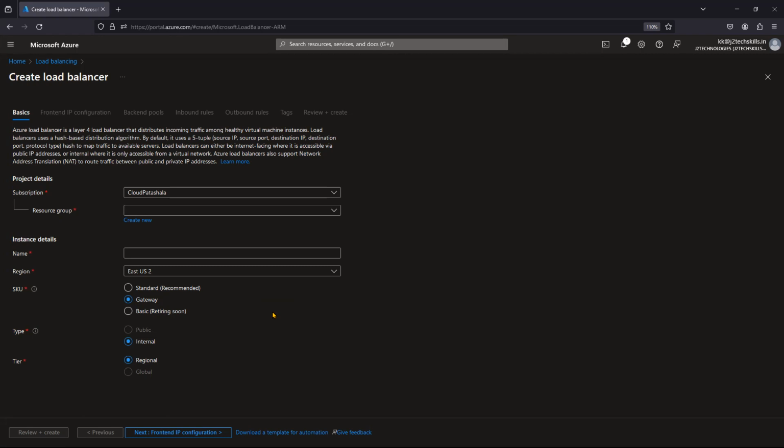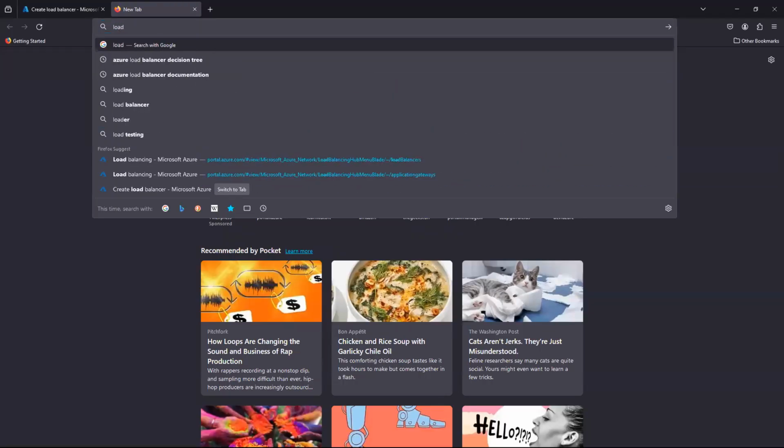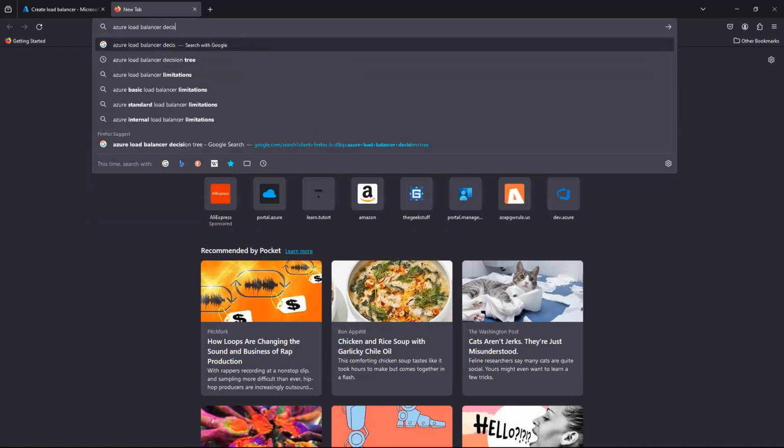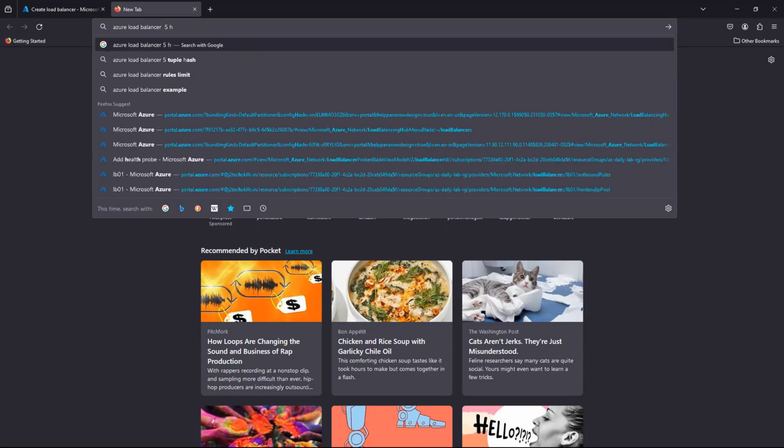It's a kind of load balancing based on source and destination, protocol, and two more things. I forget them, so let me check here right away. Azure load balancer algorithm, 5-tuple algorithm.